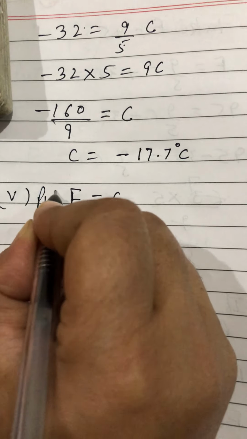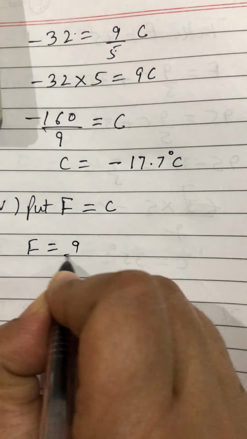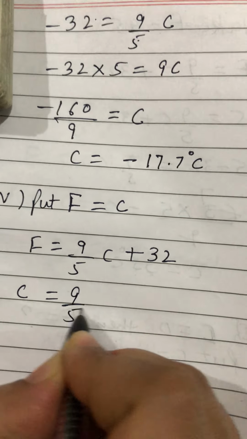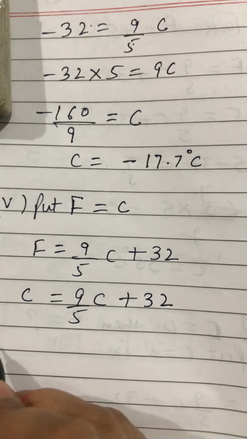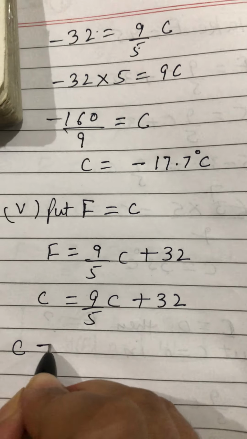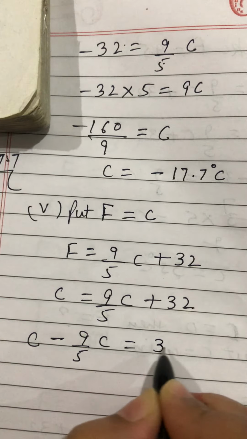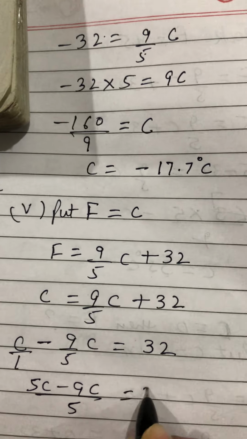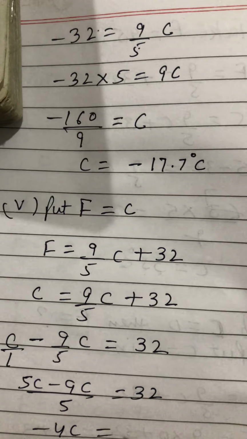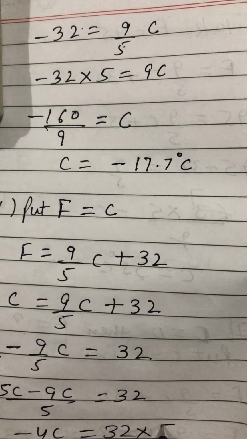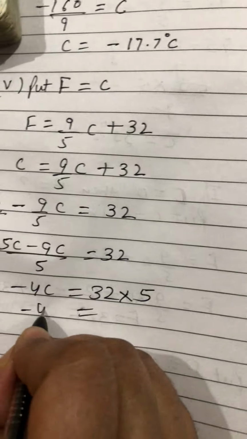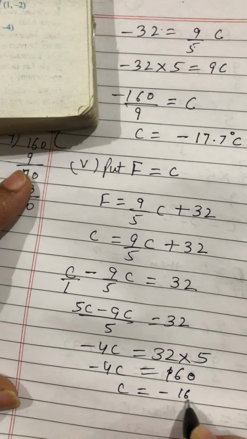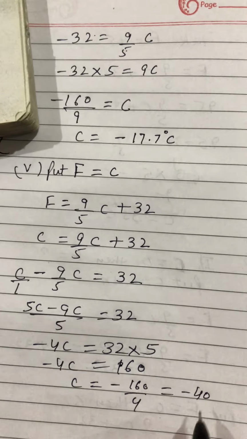So put F equal to C in the equation 9 by 5C plus 32. 9 by 5C will be transposed. Again taking LCM, 5C minus 9C upon 5 is equal to 32. Minus 4C is equal to 32 into 5, minus 4C is equal to 160. So C is minus 160 by 4, minus 40 degrees.